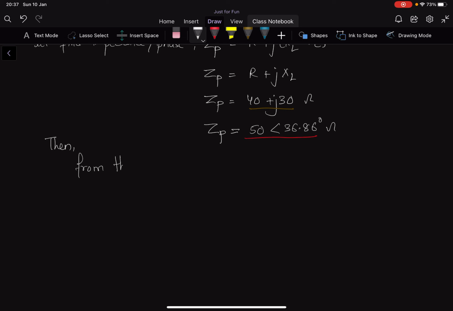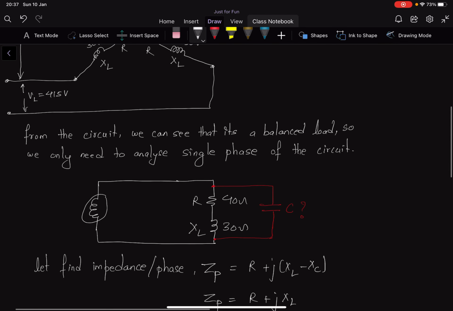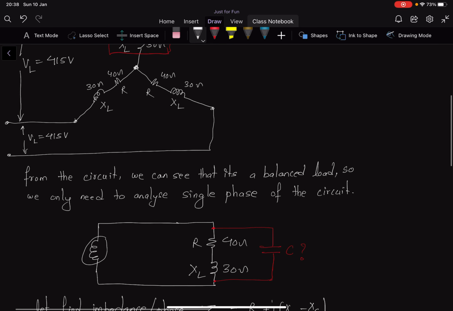From the question we know that the line voltage, which I will write as VL, is given as 415 volt. Let me check. Yes, the line voltage is 415 volt.